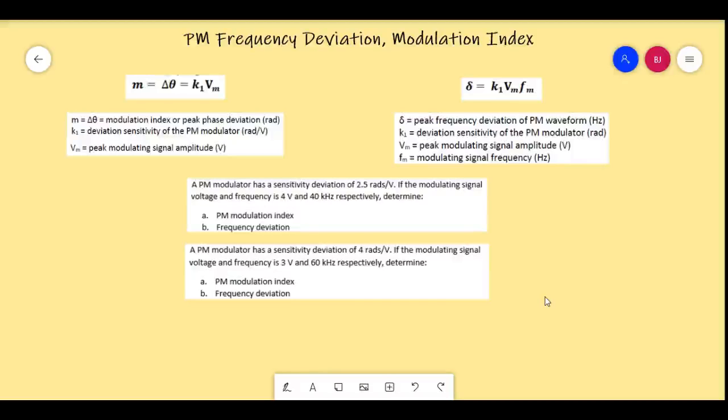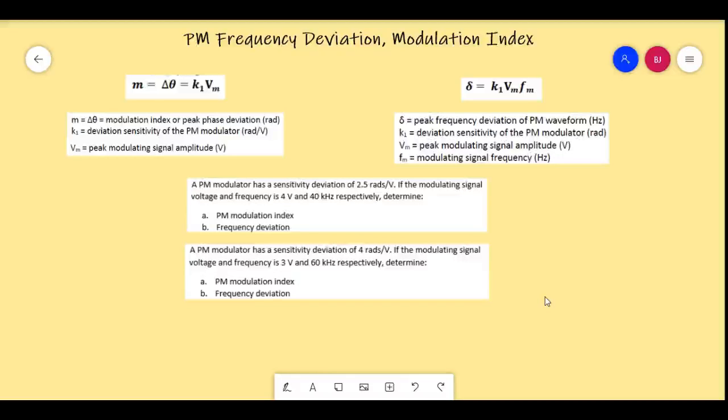And once you get the modulation index, that would be the time you will be able to get its frequency deviation. As we have mentioned before, a change in phase in PM also exhibits a change in frequency, and vice versa. Although we did not get a phase deviation for FM.